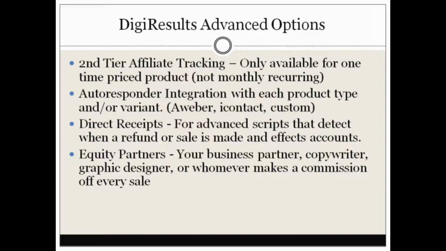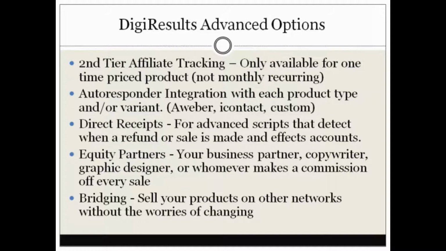But the $10, if your equity partner, your business partner, gets an additional 50% and you get 50%, then DigiResults is going to set it so it's going to pay the affiliate, and then what's left over is $10. So your business partner is going to get the 50%, which is $5, and then you're going to get the $5. So the beauty of all of this is it's all automated and instant.